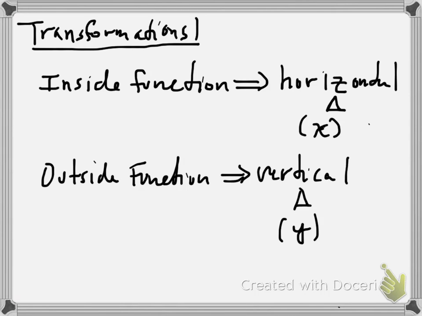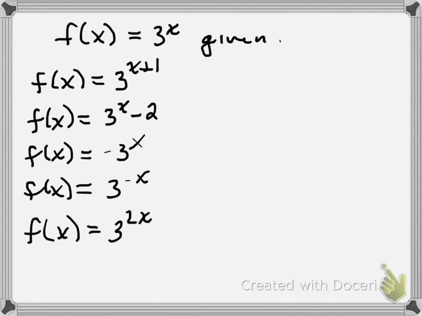Now what we're going to do is talk about transforming the exponential function. Here's a little bit of review. Remember with our transformations that when the inside of the function changes, we are dealing with horizontal change, or change to the x, and when we're manipulating the outside of the function, we're dealing with vertical change, or change to the y.